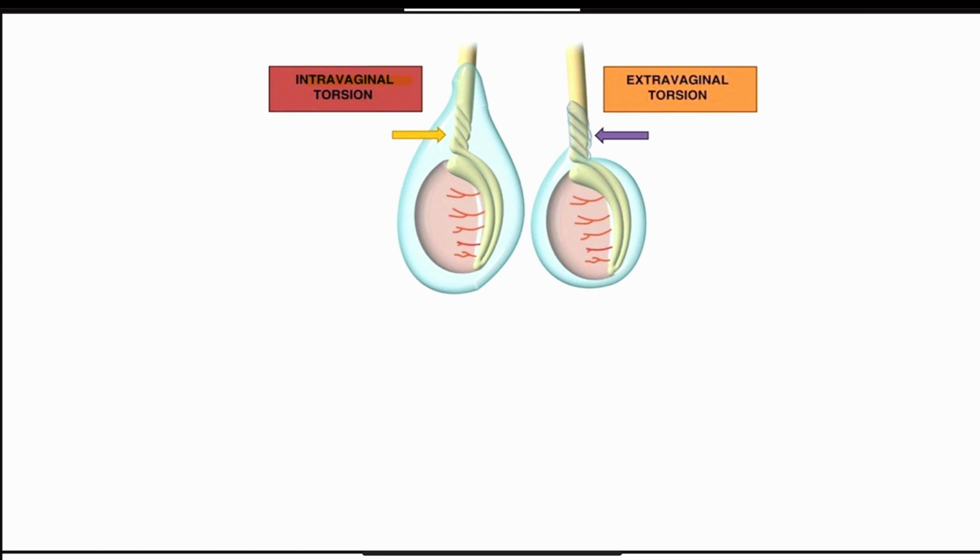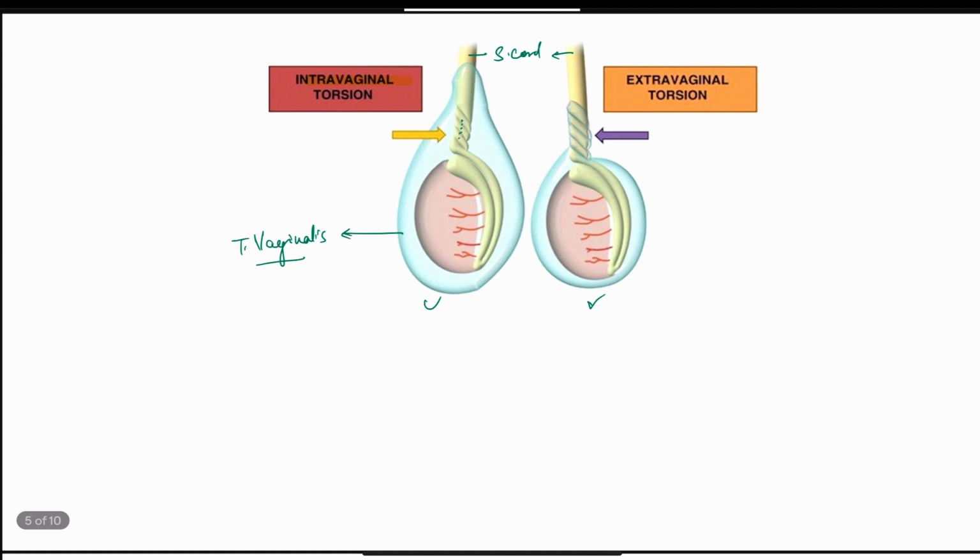See, this is an image of intravaginal torsion and this is an image of extravaginal torsion. If you look at the image carefully, this bluish green thing is the tunica vaginalis, and this is the spermatic cord. In intravaginal torsion, the spermatic cord is twisted within the tunica vaginalis.